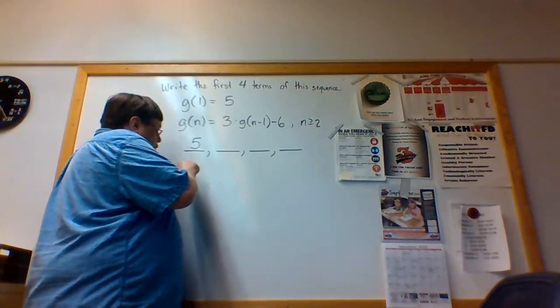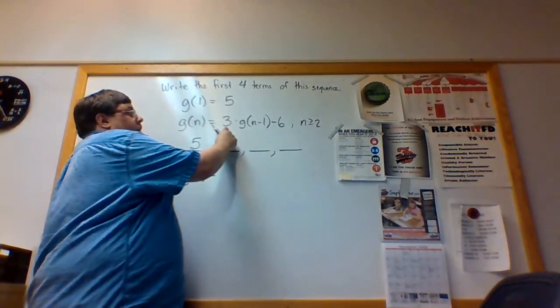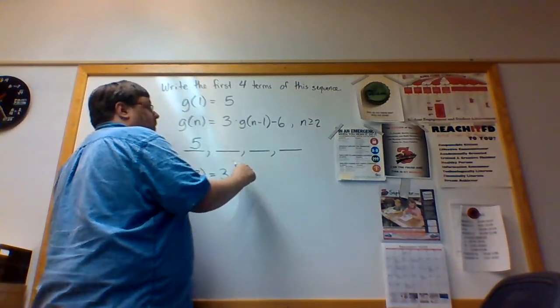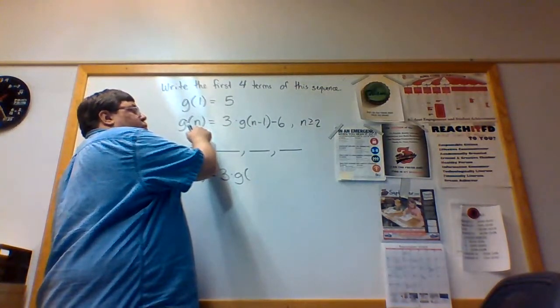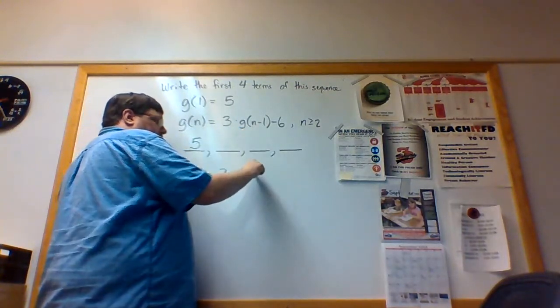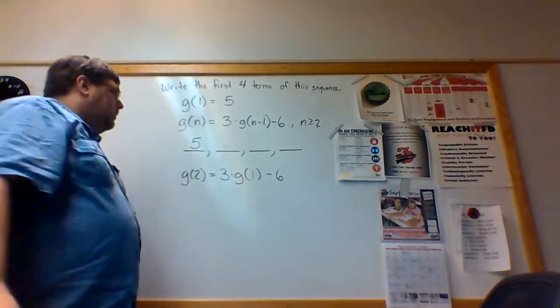So to get term 2, I can say g of 2 equals 3 times g of, now n I said a second ago was 2 for term 2, so here this would be 2 minus 1, so that would be a 1, and then minus 6.